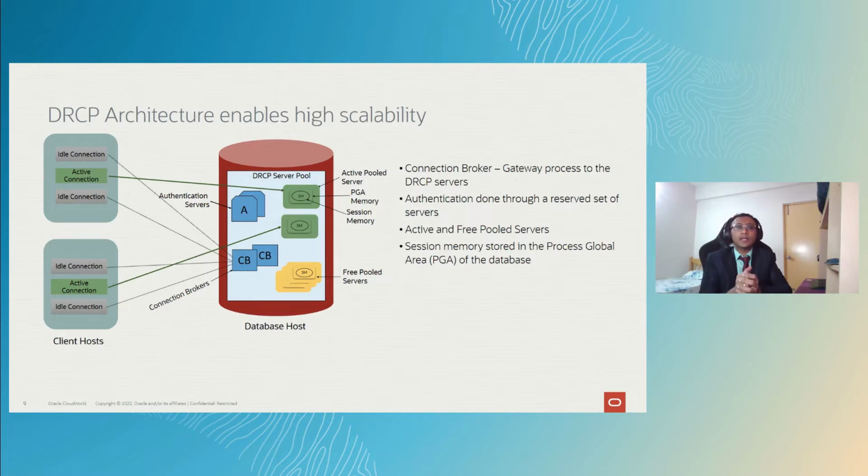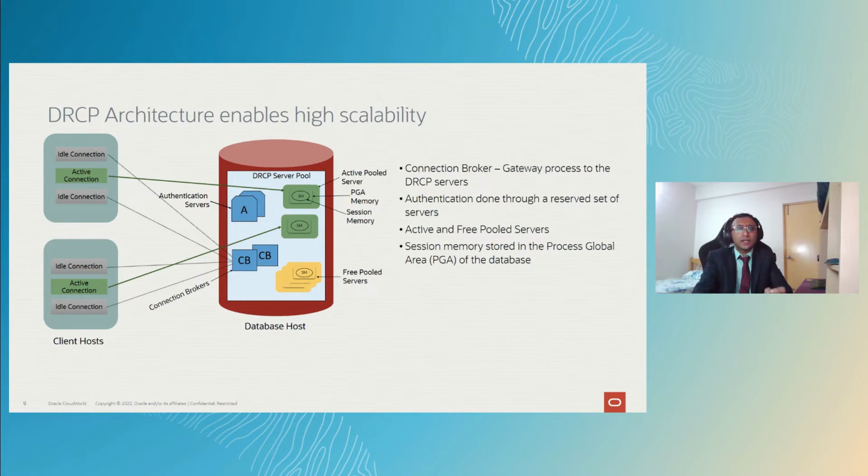So let's talk about the database architecture now. The database architecture plays a vital role in achieving this high scalability of DRCP. Initially, DRCP has a set of free pooled server processes, which avoids the overhead of allocating a dedicated server for every client connection that comes in and requires the server for a short amount of time.